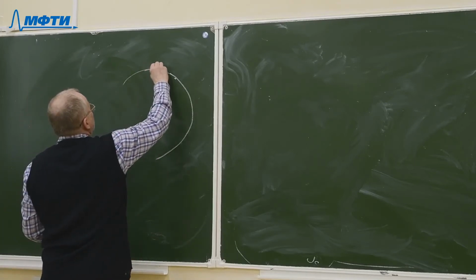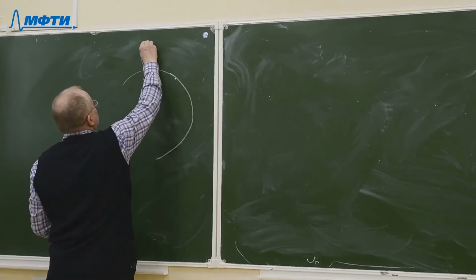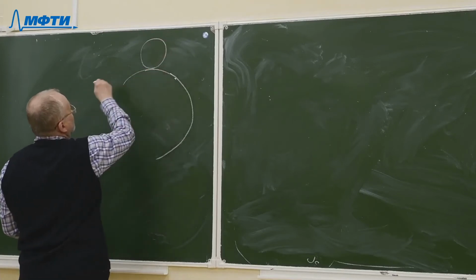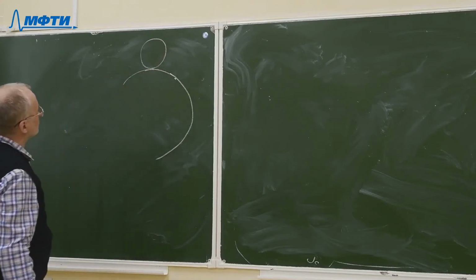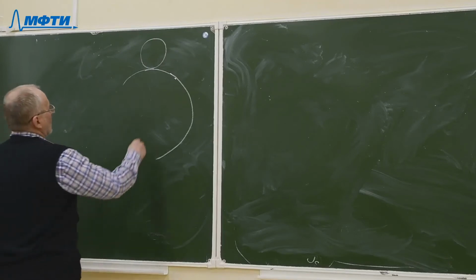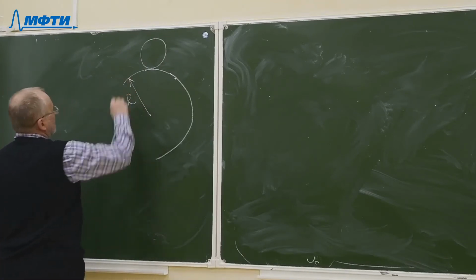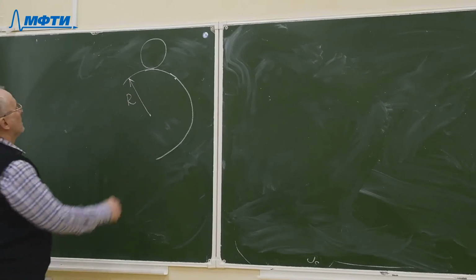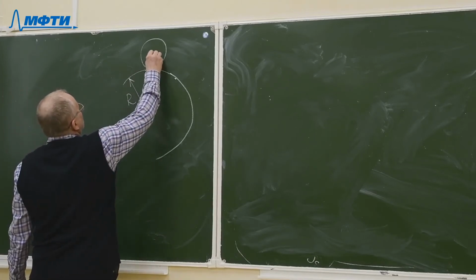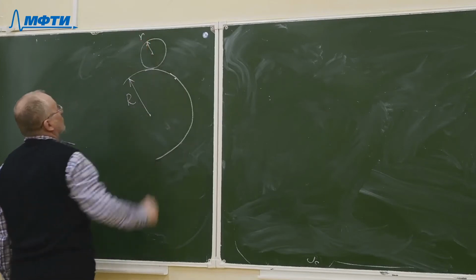And a sphere. Again, we will have a sphere which rests on the upper point of the cylindrical surface. And the radius of this cylinder will be uppercase R, and the radius of this sphere will be lowercase r.